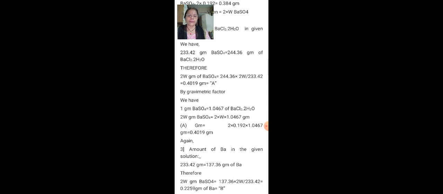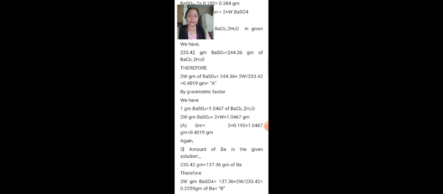By the gravimetric factor also we calculate like this: 1 gram of barium sulfate corresponds to 1.0467 of barium chloride, and therefore 2 into the weight of barium sulfate into 1.0467 gives 0.4019.